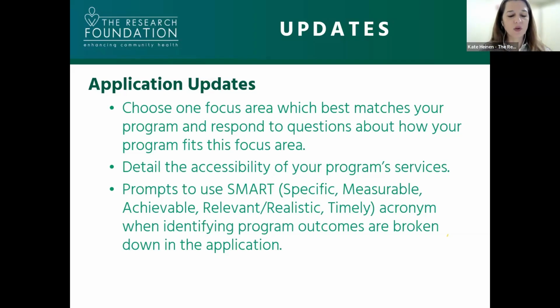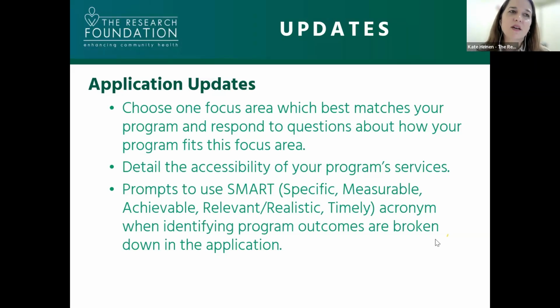We also have something new that you'll see in the application, and I think I forgot to mention this during our in-person info session last week, which is that we're requesting baseline numbers. So if you have a program that's been operating for several years, and one of your outcomes is that there's going to be a 70% increase, we want to know what the baseline numbers are.